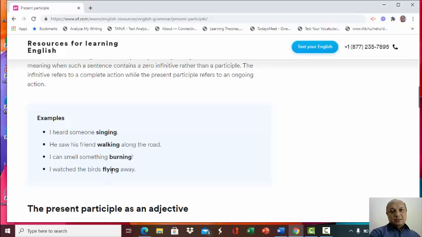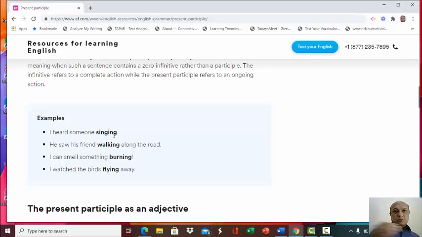Yeah. So once again, let me come back a bit to the difference between present participle and zero infinitive. If you put zero infinitive here, if you put only sing, it is still grammatical. I heard someone sing, but that implies that you heard it from the beginning of the singing until the completion of the singing.